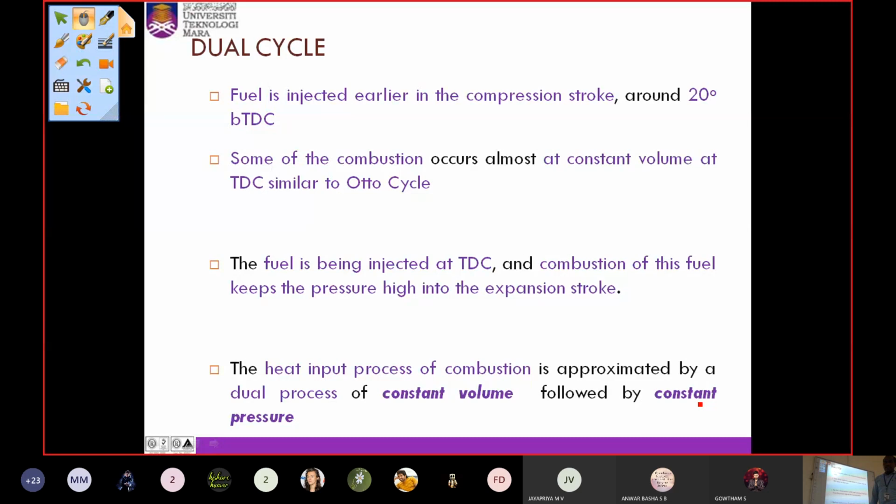So the fuel is being injected at the target chamber, and the combustion of the fuel keeps the pressure high into the expansion stroke. Right. So the heat input process of a combustion is approximated by a real process of constant volume followed by constant pressure. So we can have the constant volume process followed by constant pressure process to achieve this dual cycle.